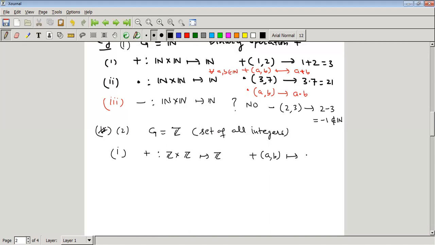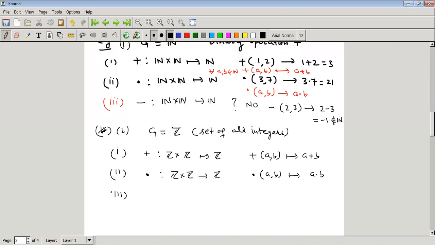So the sum of two integers is again an integer. So a plus b belongs to Z. Yes, it is true. Second, you can take multiplication, Z cross Z to Z. So a, b, we get a dot b, the product of two integers is again an integer.